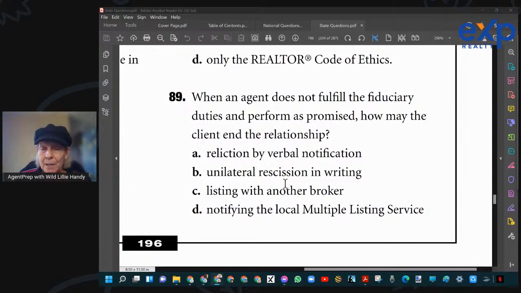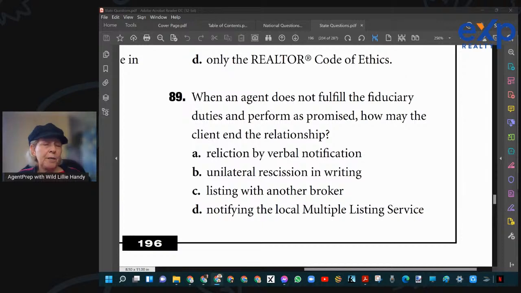So who's the relationship between broker/realtor and client, right? So who's involved in either ending or continuing that relationship? Certainly it is not the MLS board.